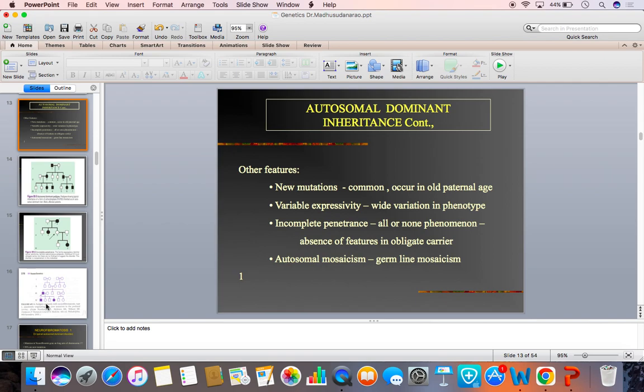This is because of a germline mutation. There will be one normal cell line and another abnormal cell line. The mixture of these is called mosaicism. The clinical manifestations will be less severe in an individual with mosaicism for that particular genetic abnormality.